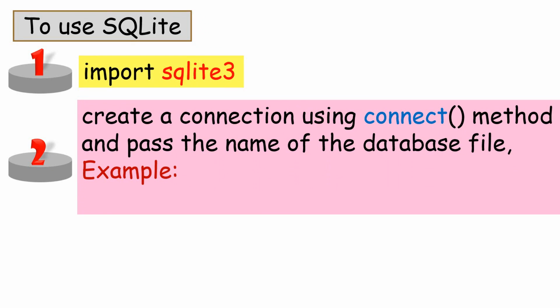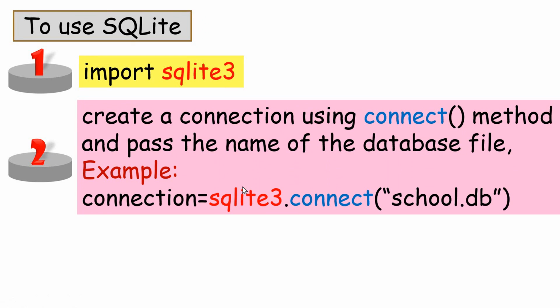For example, connection = sqlite3.connect('school.db'), which should be a string. By this statement, I have created a connection using the connect method and I have passed the name of the database file. Here the name of my database file is school.db.